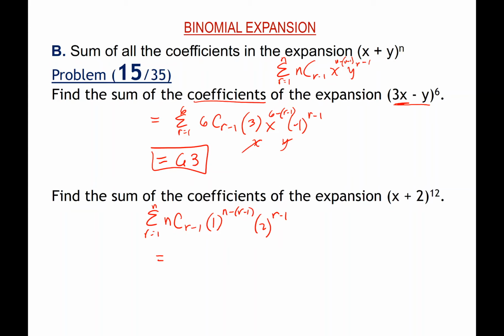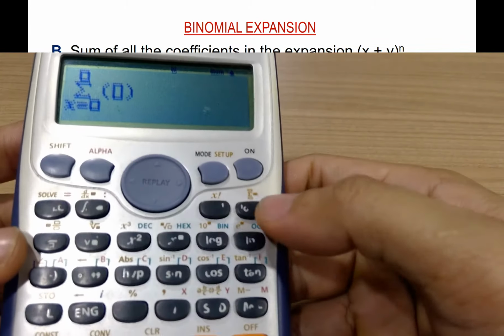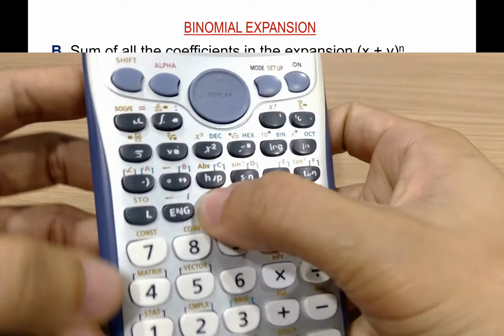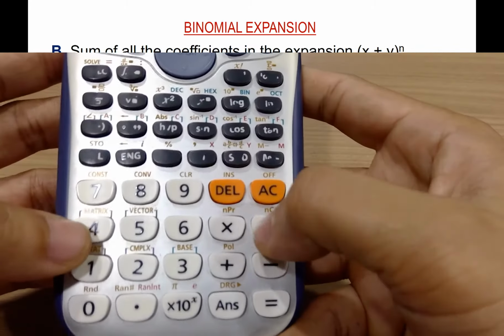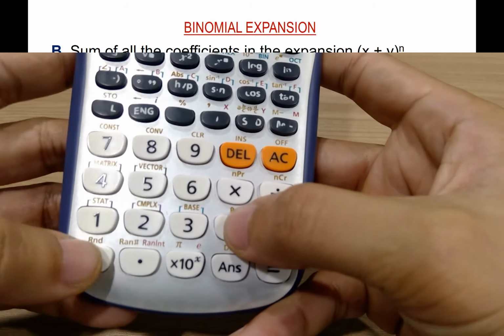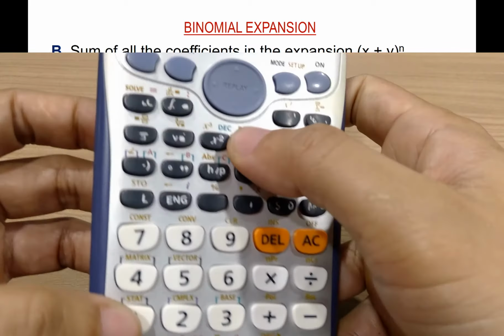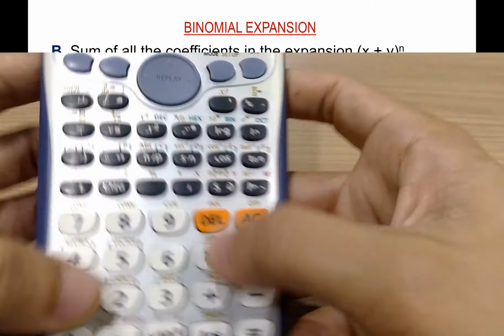So using our calculator here, we have summation, shift log, and then n is equal to 12 combination, then r minus 1, so we have x minus 1, don't forget the comma, then times 1 to any value is 1, so you may not need to write this one, like 1 to the power of 12 minus (x minus 1), but it's good practice to write it.